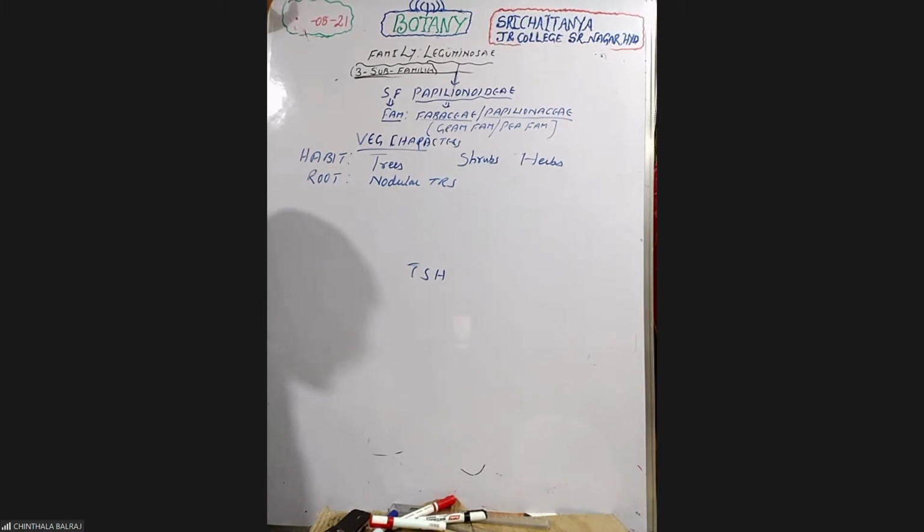Which type of modified roots are present? Nodular roots, and these contain bacterial nodules. Which bacteria do the nodules contain? Rhizobia. It shows a symbiotic relationship, which helps in nitrogen fixation.